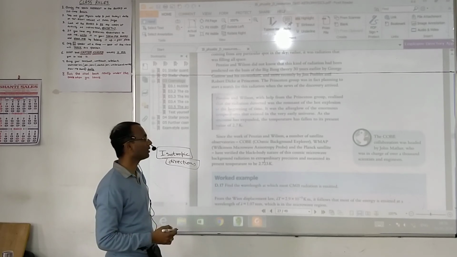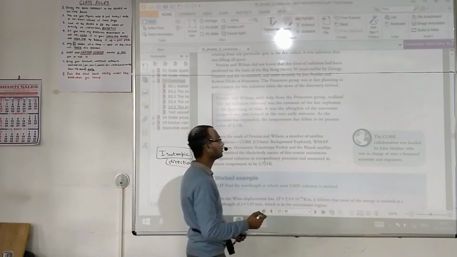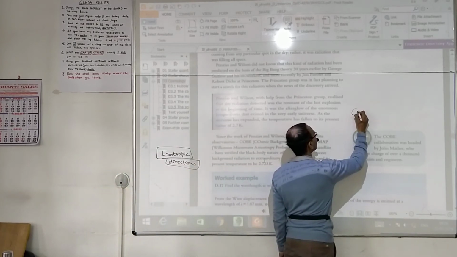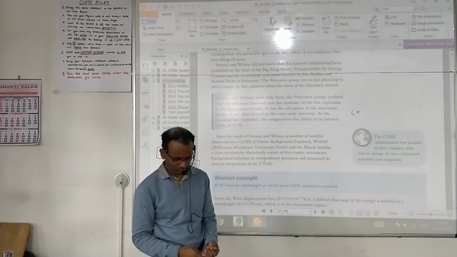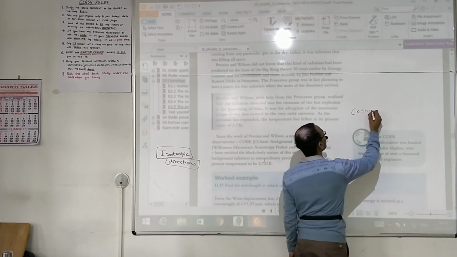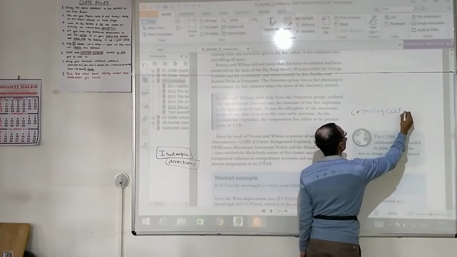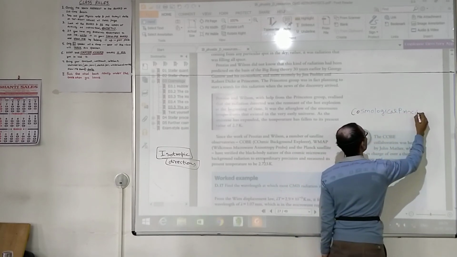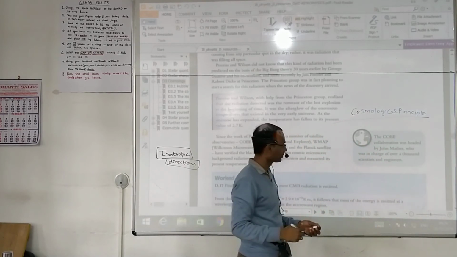So we have something called the cosmological principle. The cosmological principle has two aspects which you need to know. It can be asked as a 2-mark question.